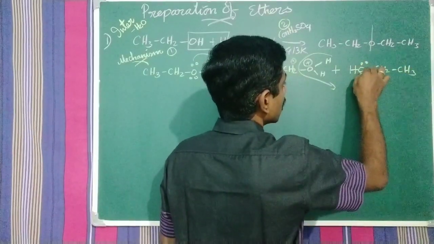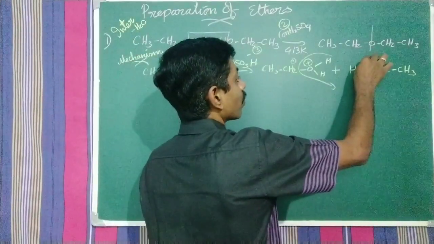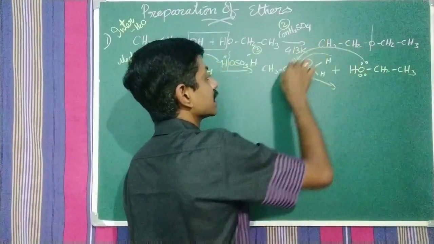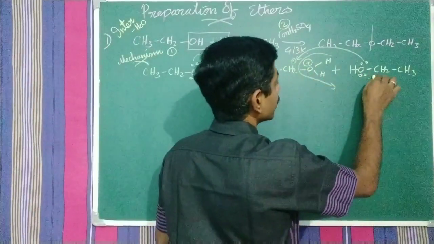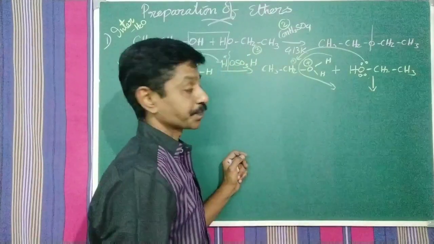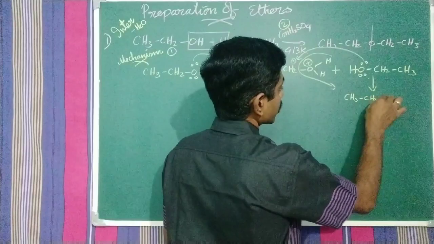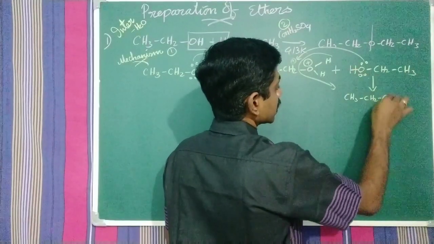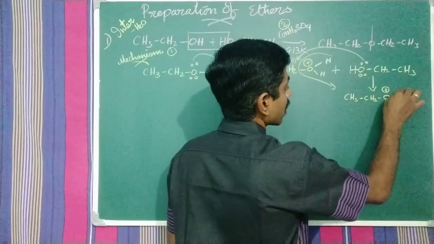As usual, the alcohol oxygen has 2 lone pairs of electrons. Out of that, 1 lone pair is donated to this alkyl group, which is positively charged. Then there will be a new bond formation, that is CH3CH2O, and this hydrogen, since oxygen has donated a lone pair, receives a positive charge.